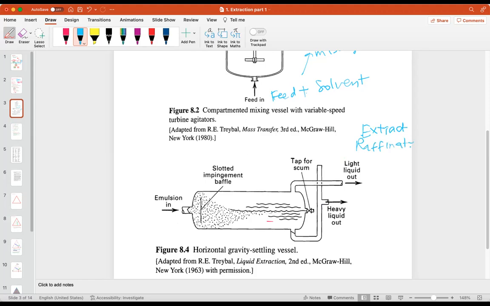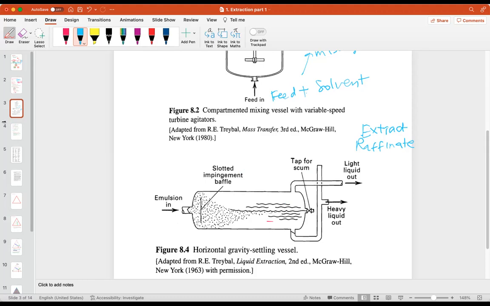If the extract is lighter, then this is the extract and this is the raffinate, the heavy one. If the extract is heavier, then this is the extract and the other one is the raffinate. So basically, once you perform the extraction and separate it, one becomes the extract, which is rich in the solute, and one is the raffinate.